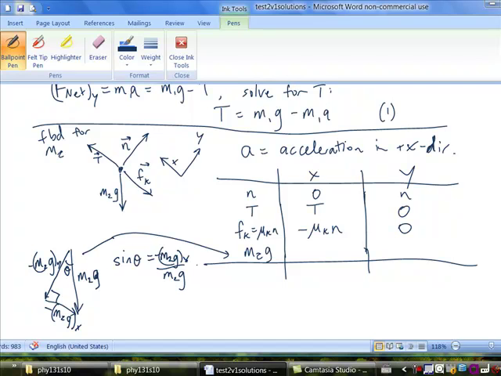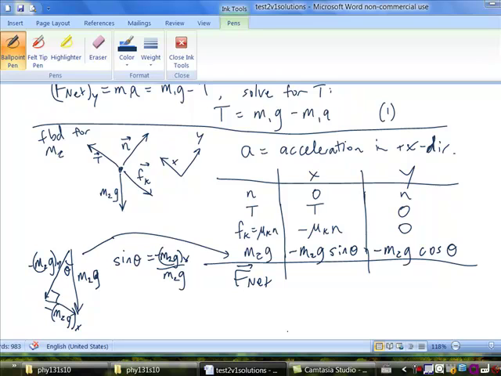So the x component of this is going to be negative m2 times g times sine of theta. And similarly, I'm going to have the y component to be negative m2g times cosine of theta. And I'm going to sum these up to get F net.